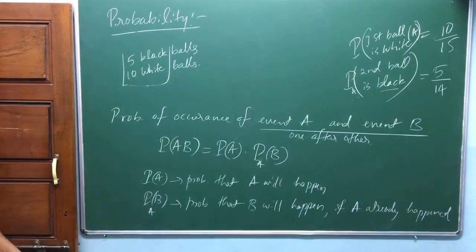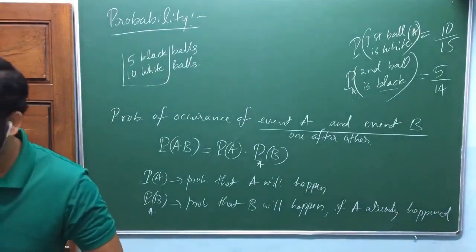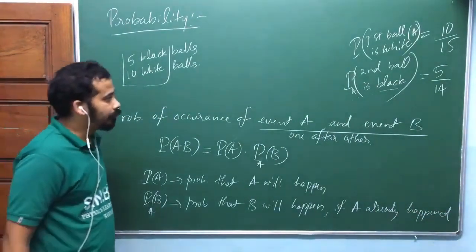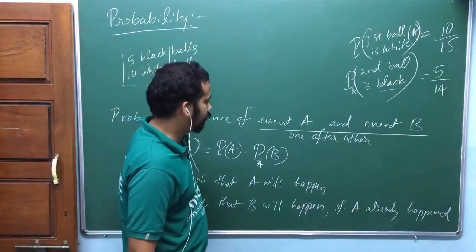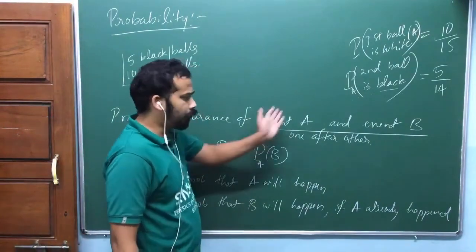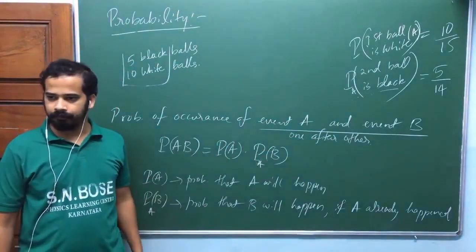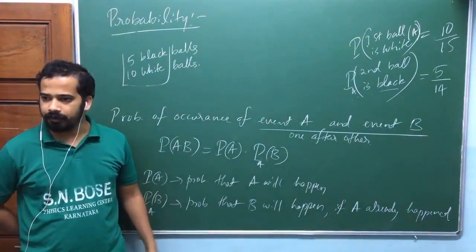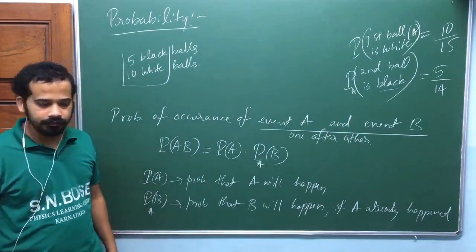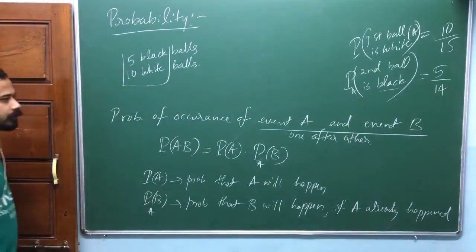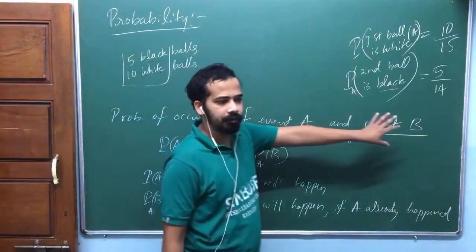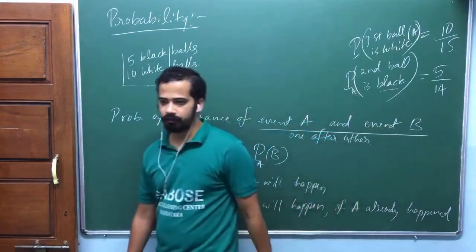Is that okay? So what is the meaning of the word AND? Both event A and event B. You have two events, A and B. Yeah, speak out. So that shows probability of occurrence of event A and event B, one after other.